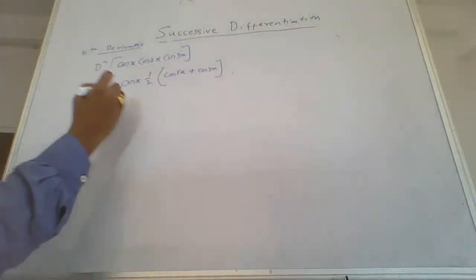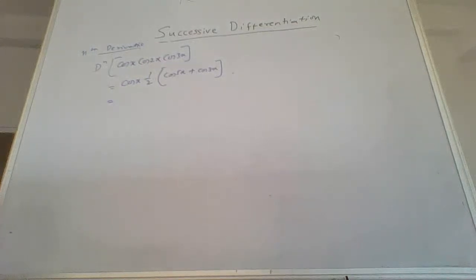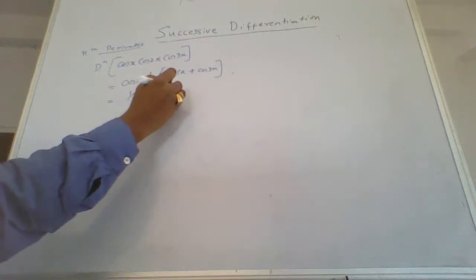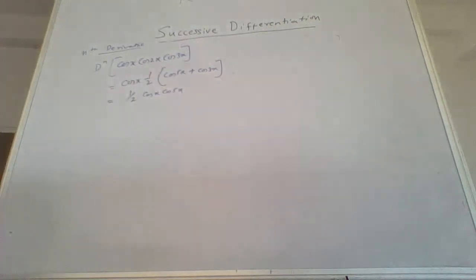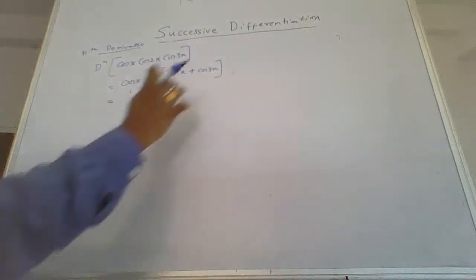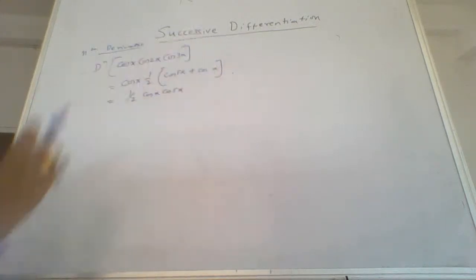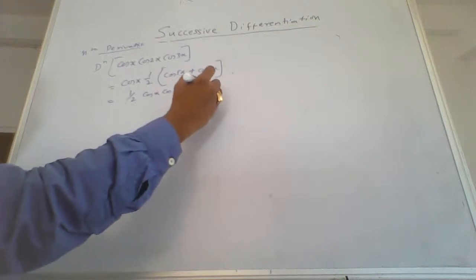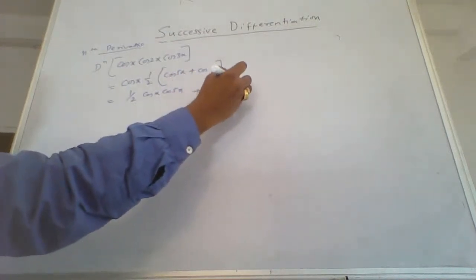Again, if I multiply this throughout, I get 1 by 2 cos x cos 5x plus cos x cos x, which is half of cos square x.